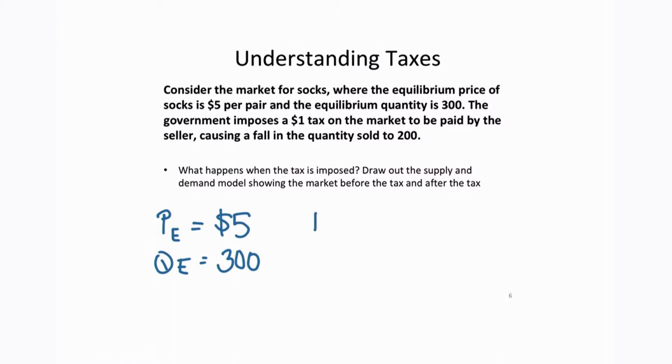The government imposes a tax of $1 on this market, and it's going to be paid by the seller. But this is going to cause the quantity sold to decrease to 200. Now, we want to draw out the supply and demand model and show what happens before the tax and after the tax.